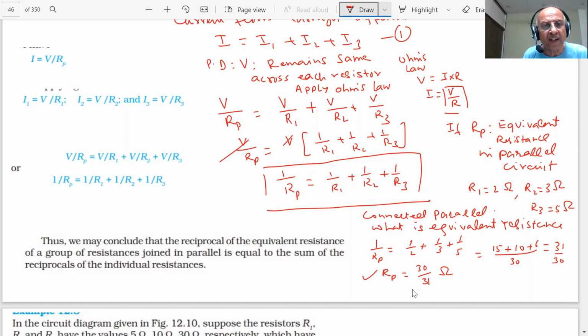So we can conclude that the reciprocal of the equivalent resistance of a group of resistances joined in parallel is equal to the sum of the reciprocals of the individual resistances. Clear?